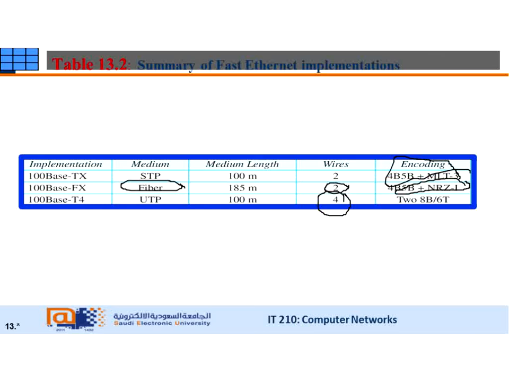So 3 pairs of UTP category 3, however, can handle it. So we need to use an encoding scheme that converts 100 megabits per second. So in 8B6T encoding scheme, 8 data elements are encoded as 6 signal elements.